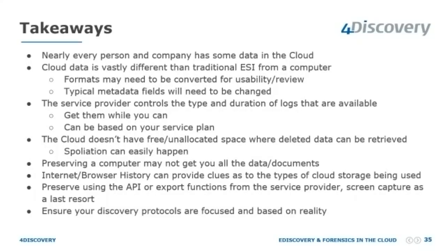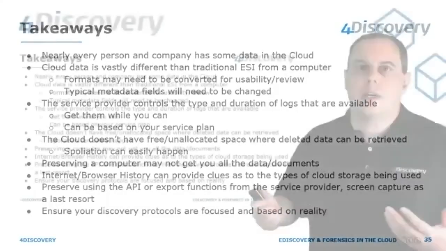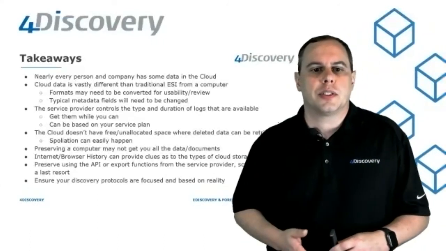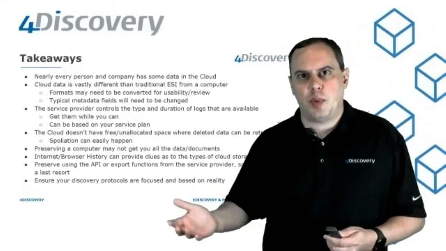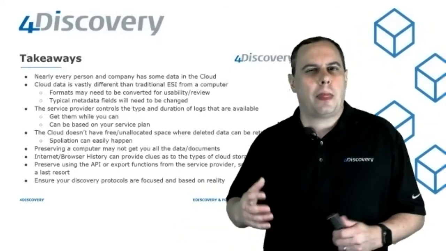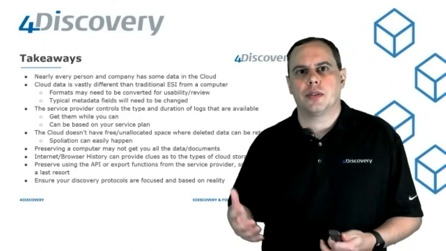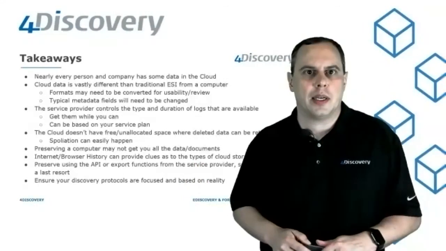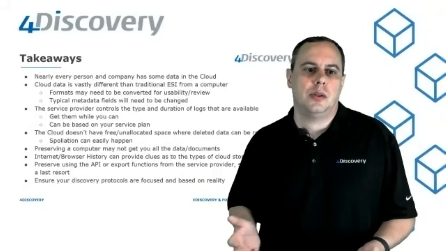If you're not sure if somebody's using cloud data or any cloud services, looking at their internet or browser history is going to give you clues as to where they've been on the internet, what type of services they may have accessed. Even applications on a mobile device will give you an idea for what type of cloud services or social media accounts someone may be accessing and using.